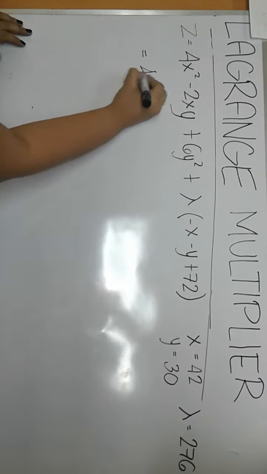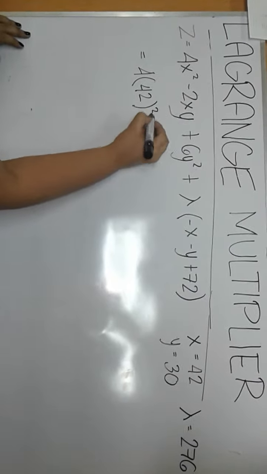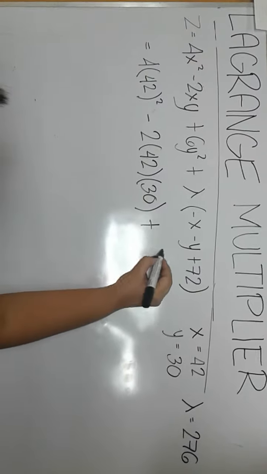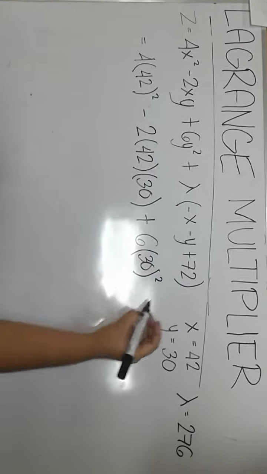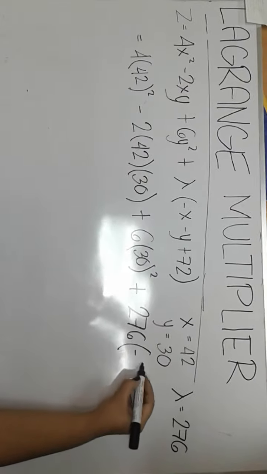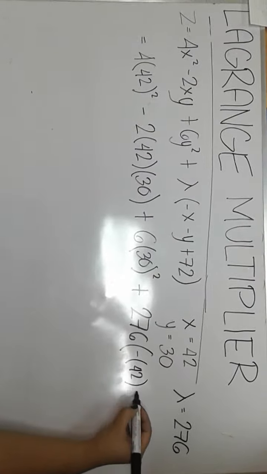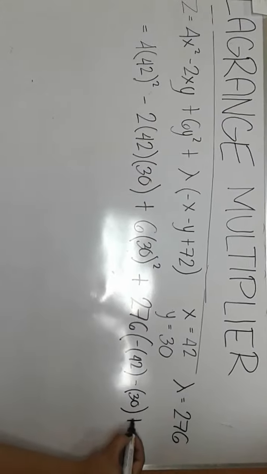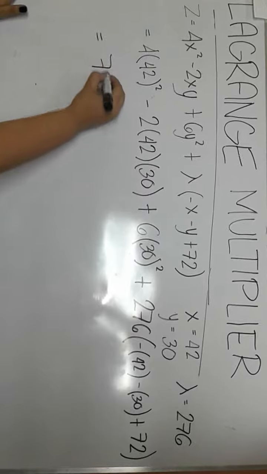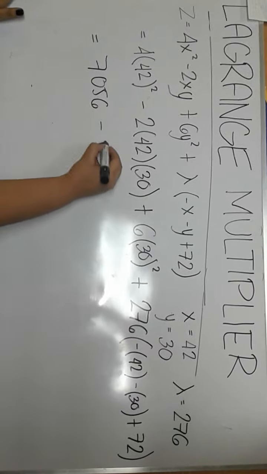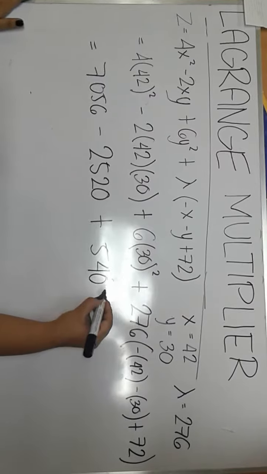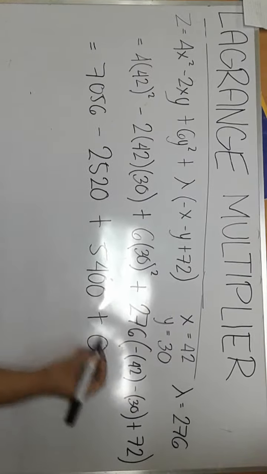So 4 times 42 squared minus 2 times 42 times 30 plus 6 times 30 squared plus 276 times negative 42 minus 30 plus 72. 7,006 minus 2520 plus 5,400 plus 0.